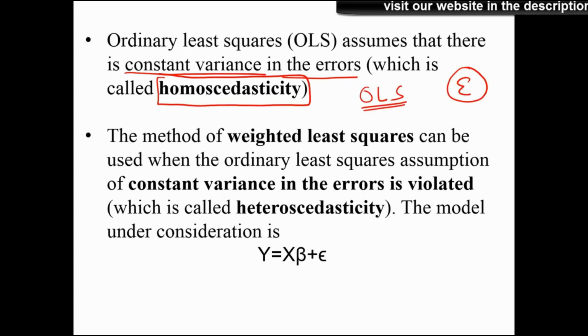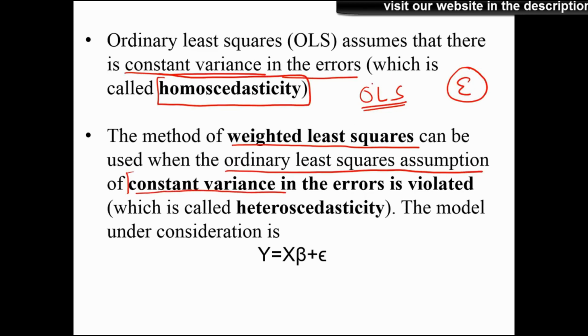The method of weighted least square can be used when the ordinary least square assumption of constant variance in the error is violated. So this is the important point to remember. You can use WLS in place of OLS when the constant variance assumption is violated.